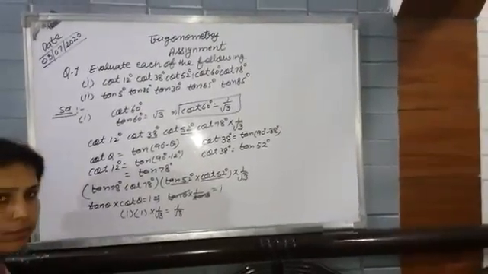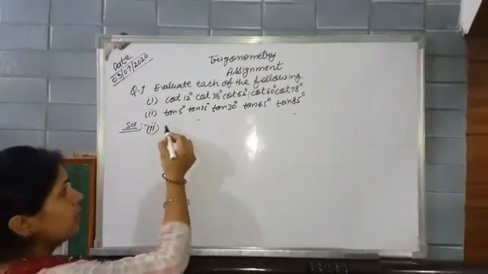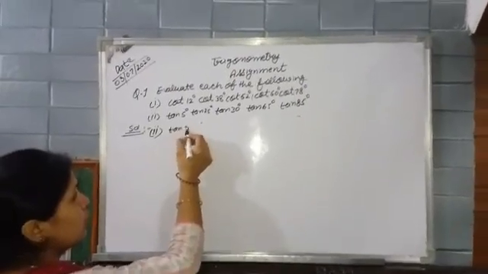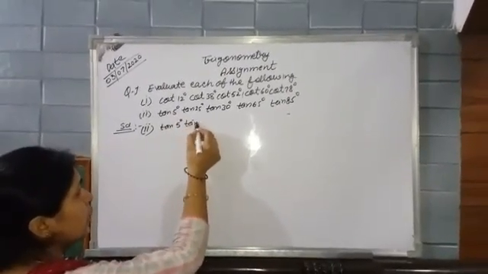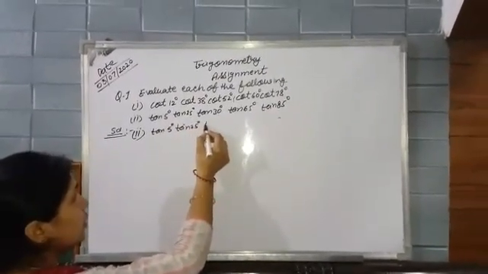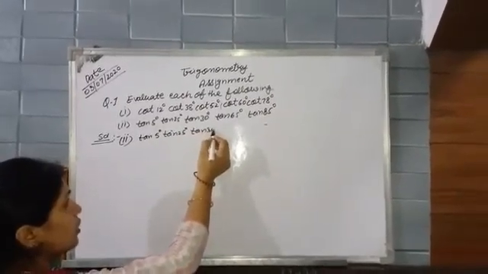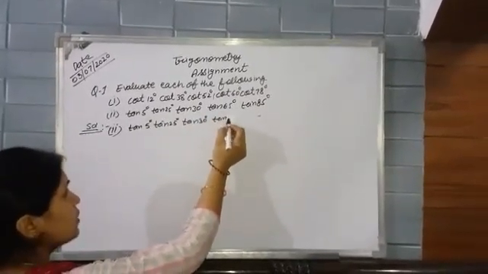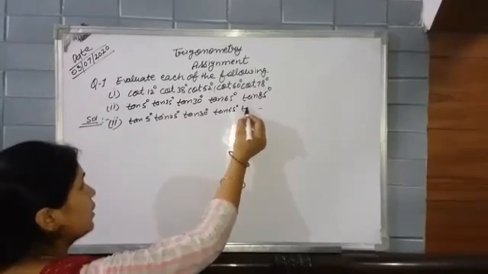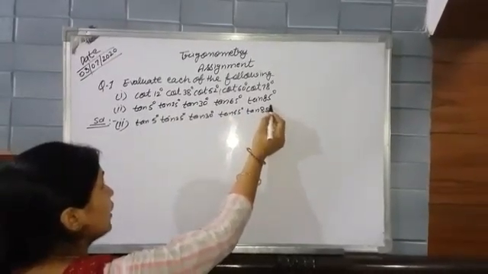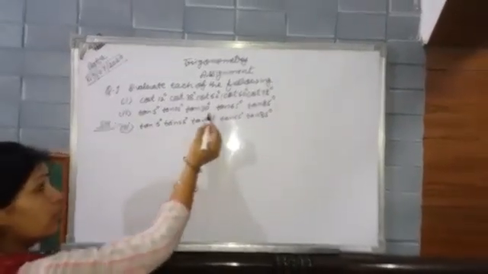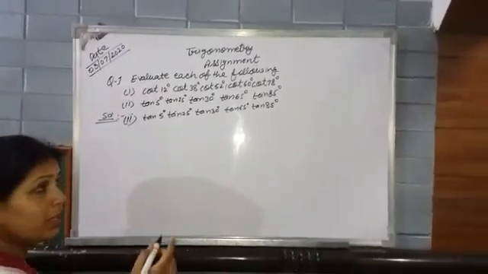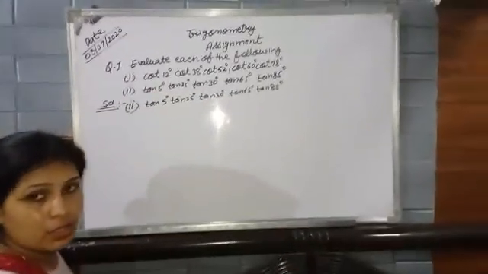Okay. Now in the second part, tangent 5 degree, tangent 25 degree, tangent 30 degree, tangent 65 degree and tangent 85 degree. Again out of these angles, which value is known to us from the table? Tangent 30 degree is known to us.